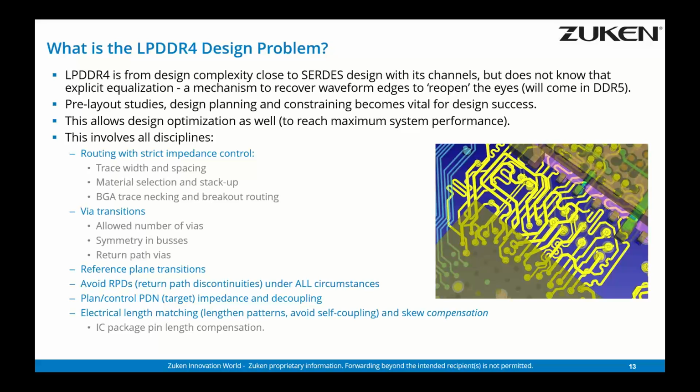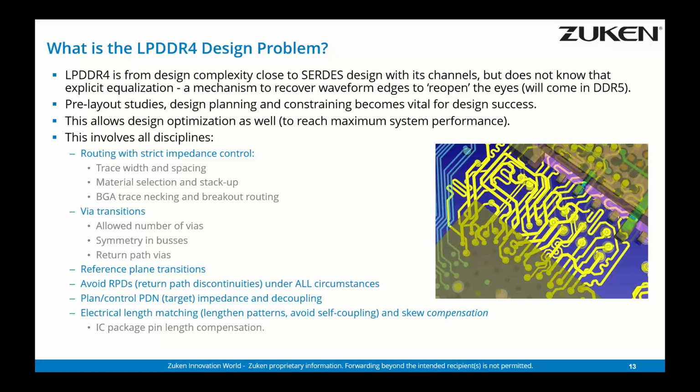Where to place them, if you have a bus situation, must take into account that you need return path vias. The return path is of serious concern. Avoid under all circumstances any breaking of the return path, so do not route over gaps or over cutouts. So plan your power distribution network accordingly.